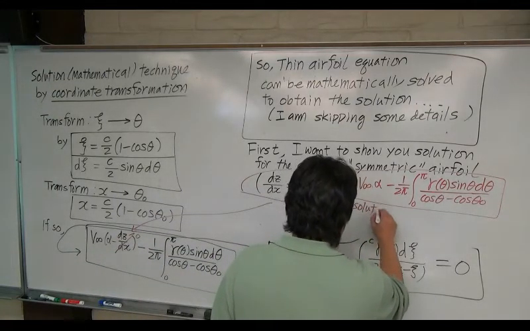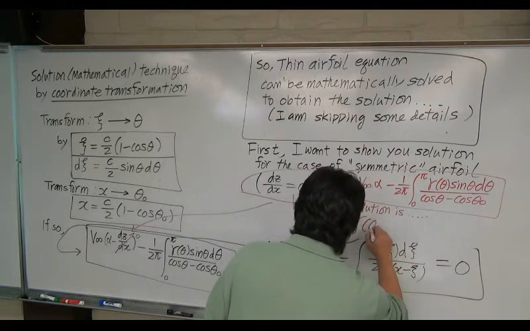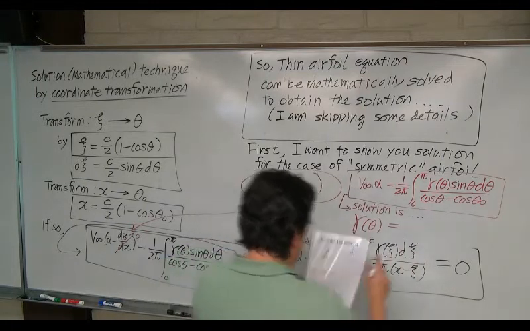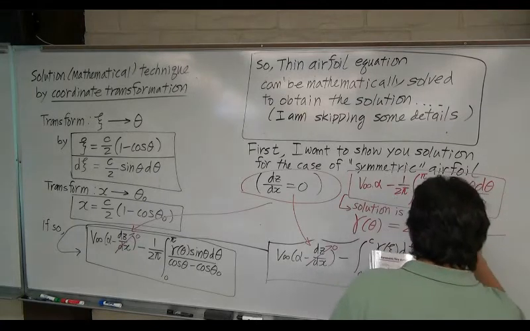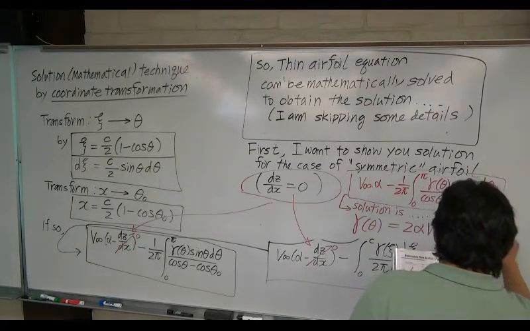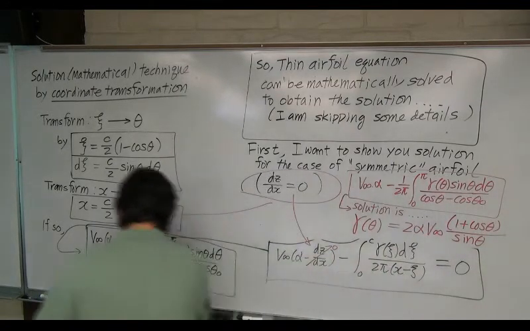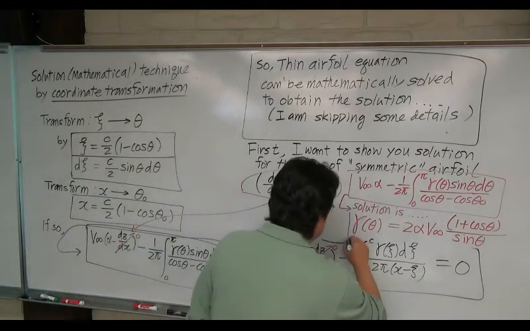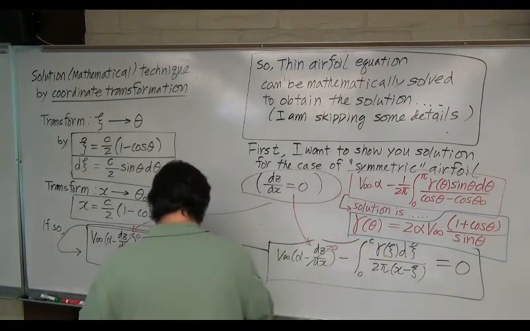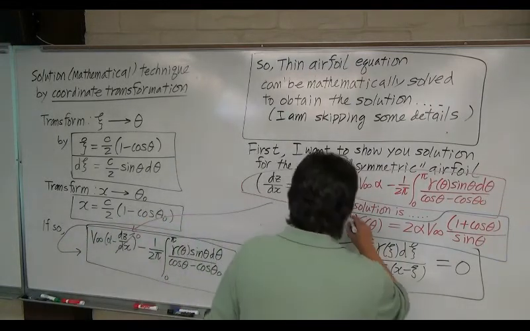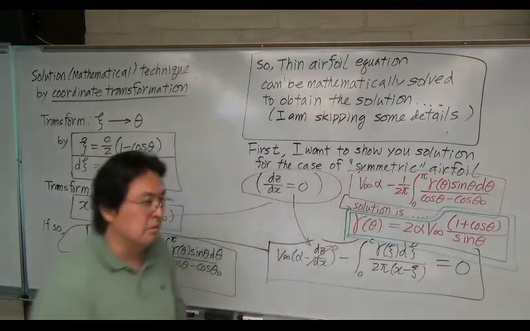Solution for this equation is: gamma as a function of theta is simply 2 alpha b infinity times 1 plus cosine theta divided by sine theta. This is a very well-known symmetric thin airfoil solution.